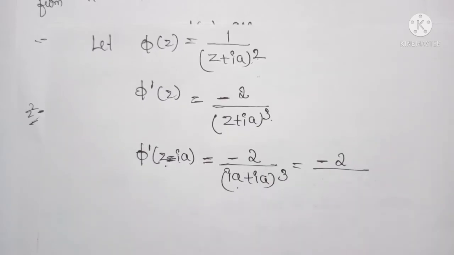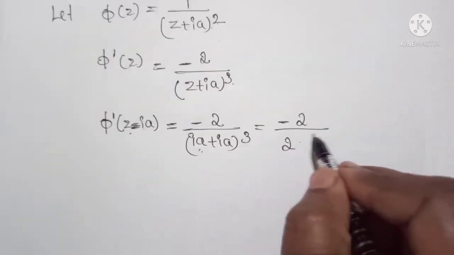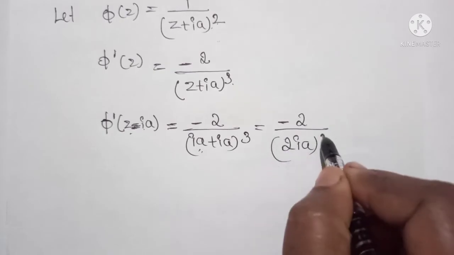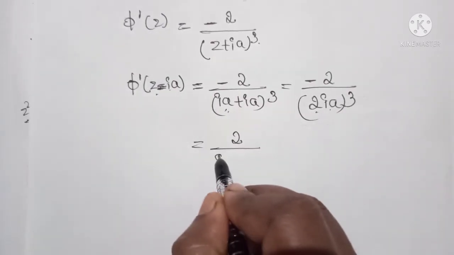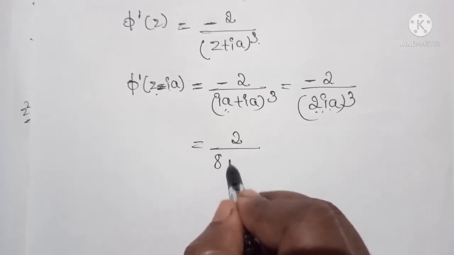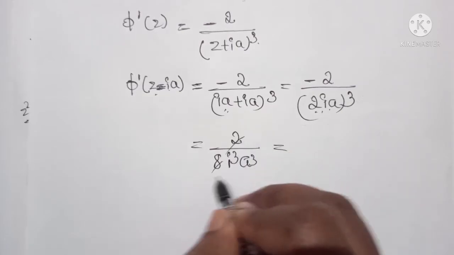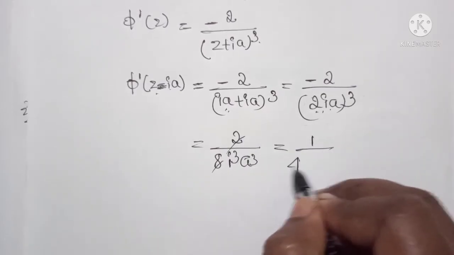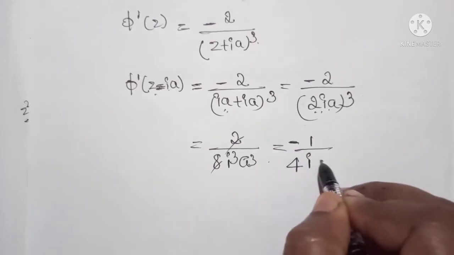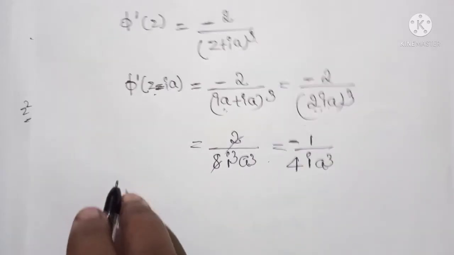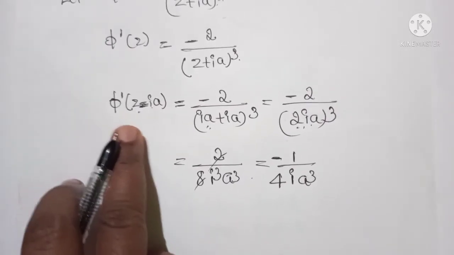That is minus 2 divided by (2ia) whole cube, which equals 2 divided by 2 cube, which is 8, times i cube. The value of i cube is minus i, so we get minus 1 by 4 i a cube for phi dash of ia.